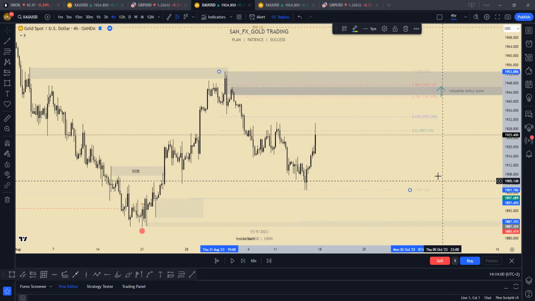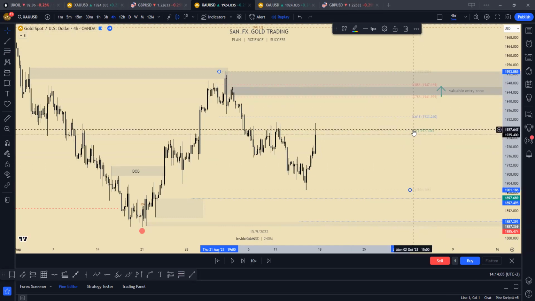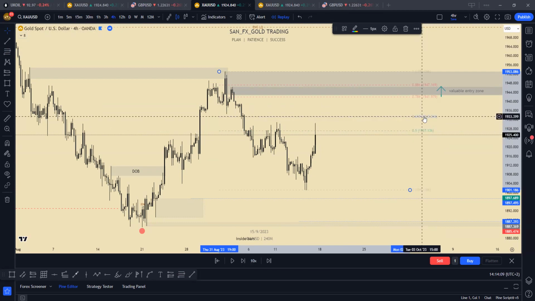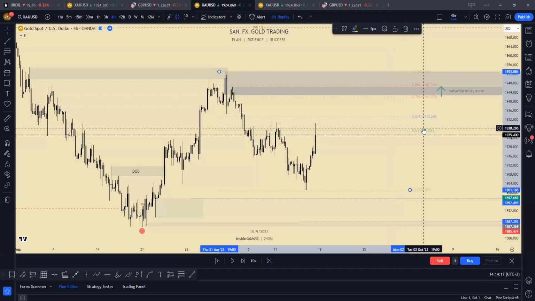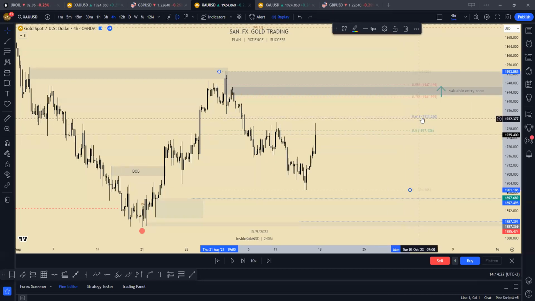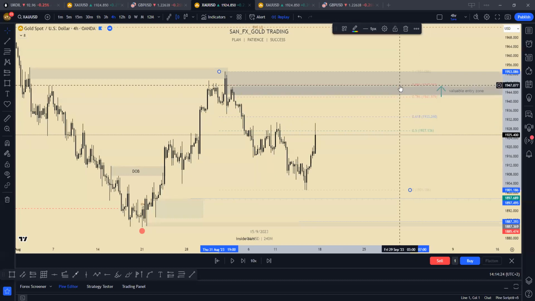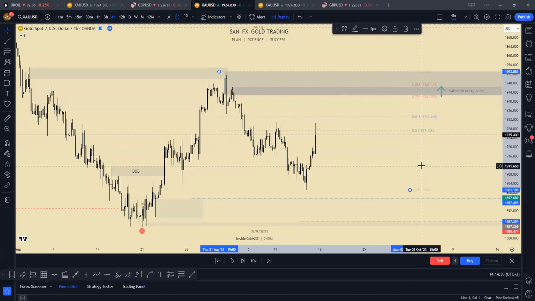I set up my Fibonacci tool like this. I use just the 50% and above that for the entries, because this zone is the discount price zone. One of the better ones is this 61, and the best one is between this 78 and 88 for the entry.